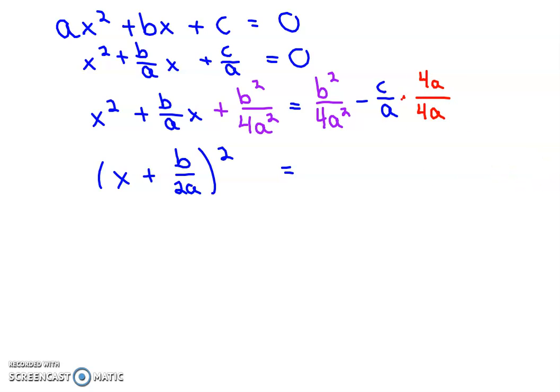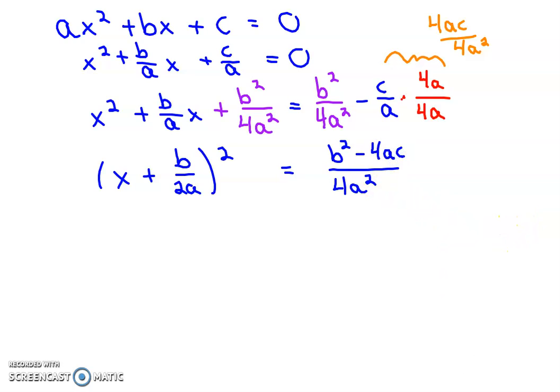So this whole thing right here, this fraction, becomes 4ac over 4a squared. Okay? Now these two fractions will have a common denominator of 4a squared. Okay? So here I go. I'm going to have on the bottom 4a squared. On the top, I'm going to have b squared minus 4ac. Okay? Remember, we multiplied c times 4a, got 4ac.